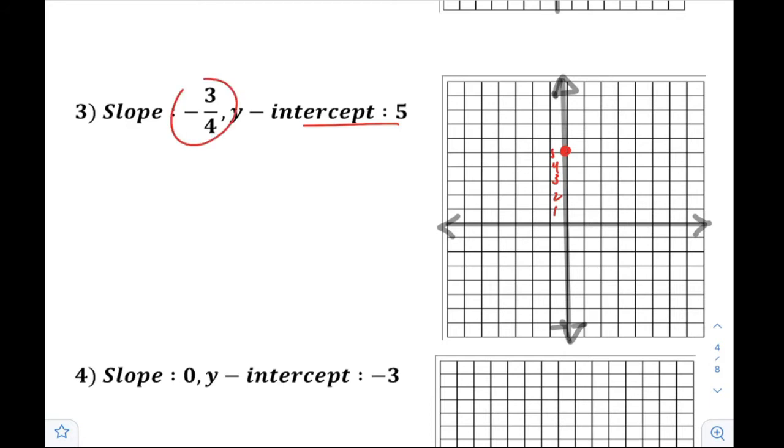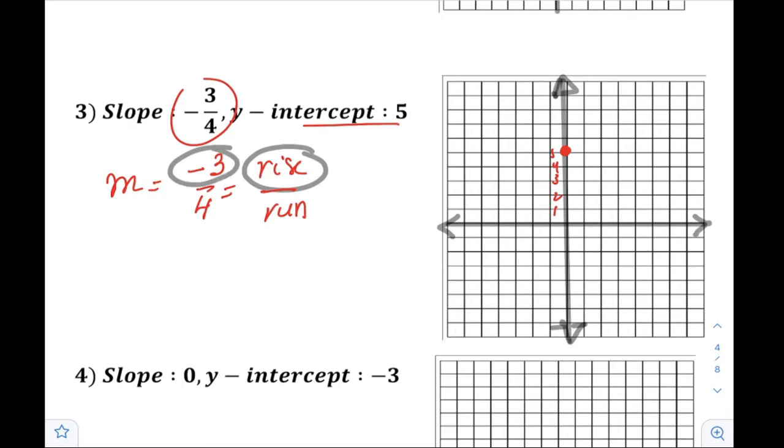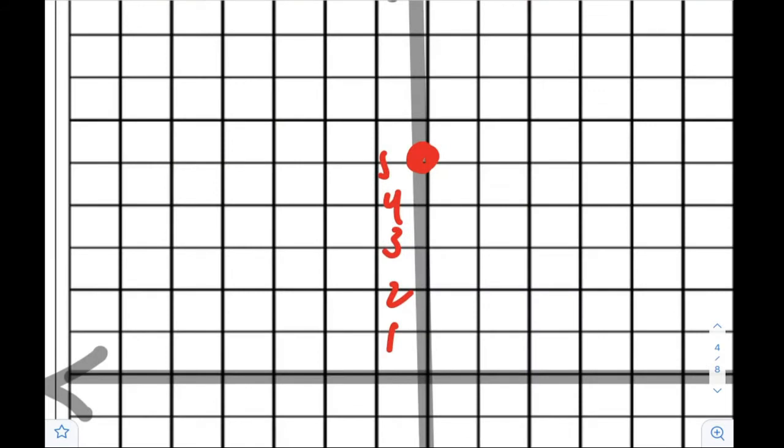Now I will move according to this slope. My slope is -3 over 4. So this is my rise over run. Rise is -3. So from that point, I will go down 3 units. 1, 2, 3.